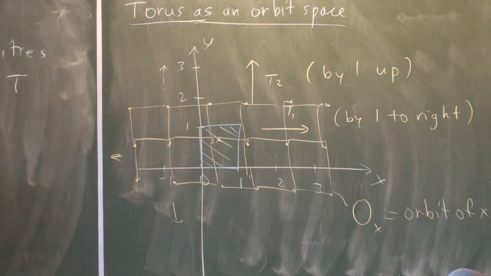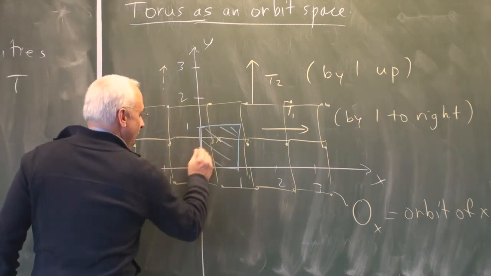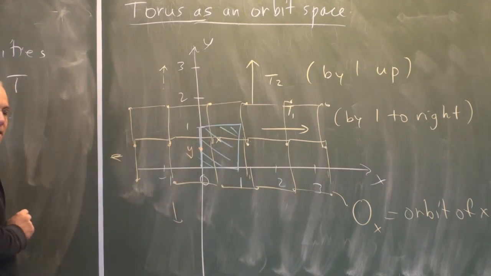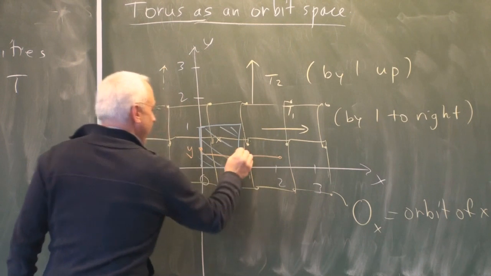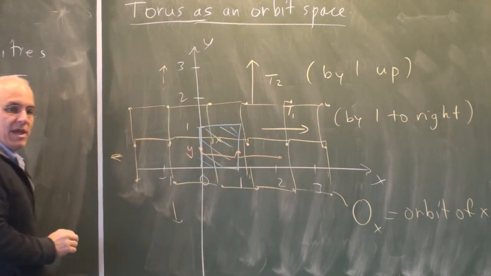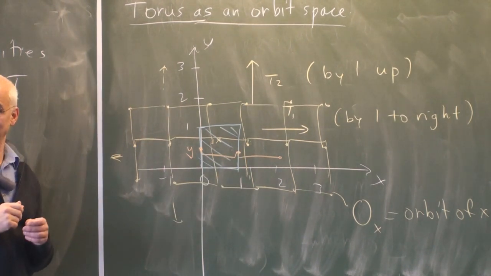There's a few orbits that meet it in 2 points. For example, if I chose the point y there, then this would also be in its orbit. So these 2 points would both be in the square and in the orbit.